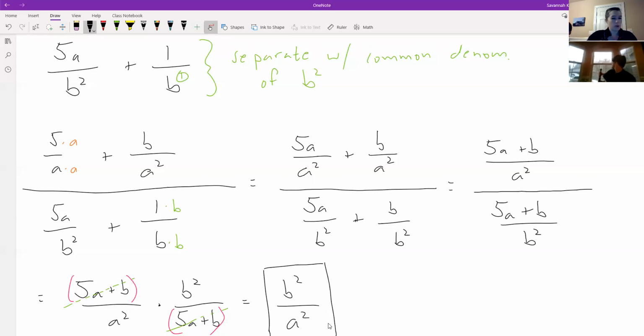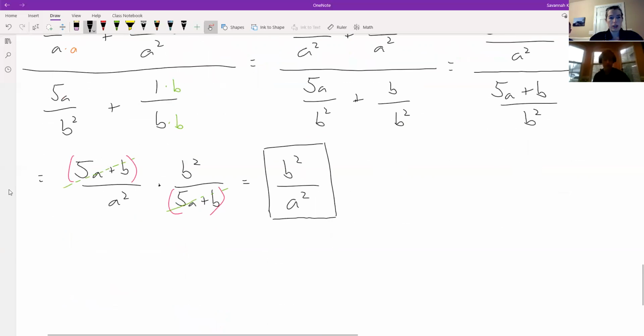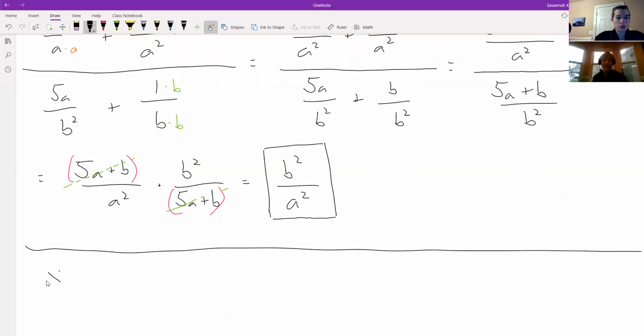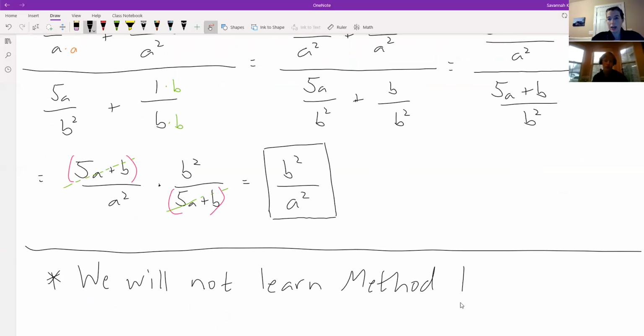Okay. Now in the book, what they do at this point is they shift gears and they go to method 2. So I am going to re-emphasize here, we will not officially learn method 2, because again, I think it's much better to learn method 1 and get really good at it.